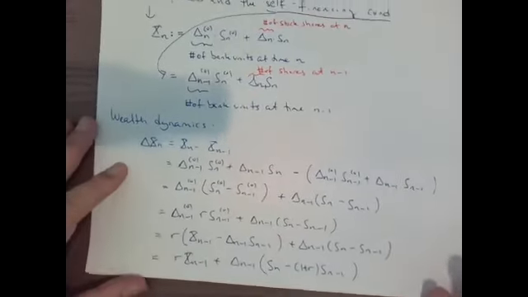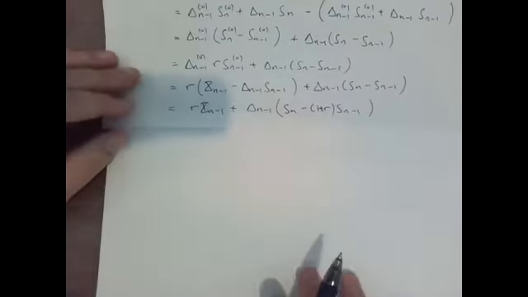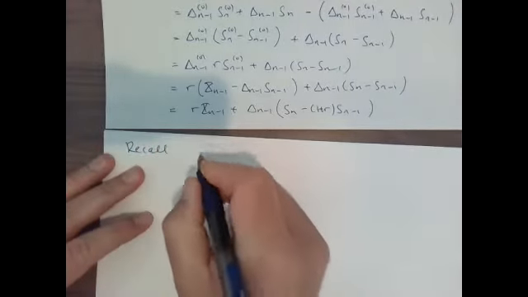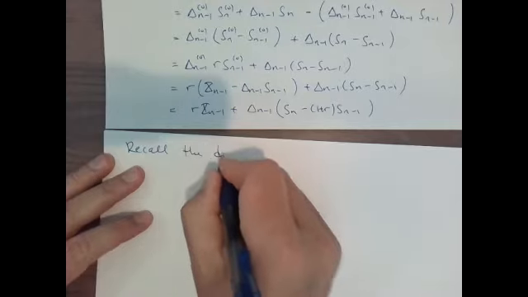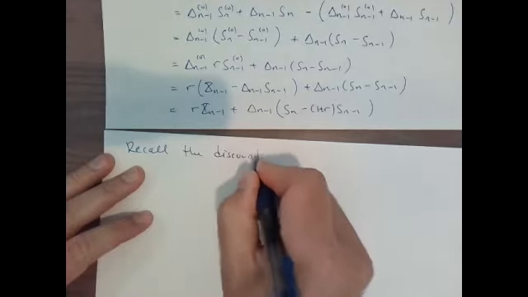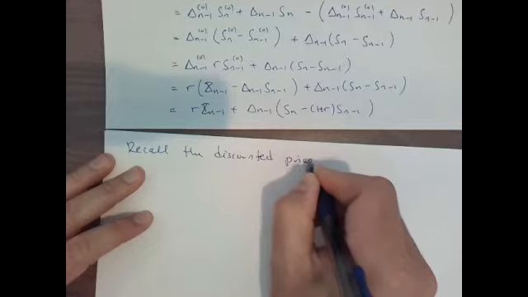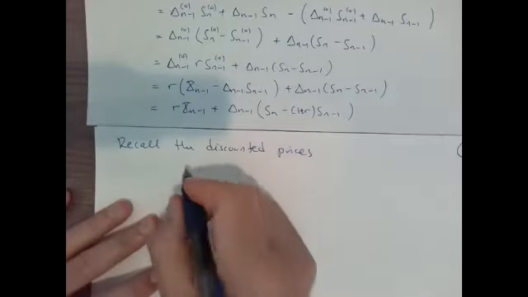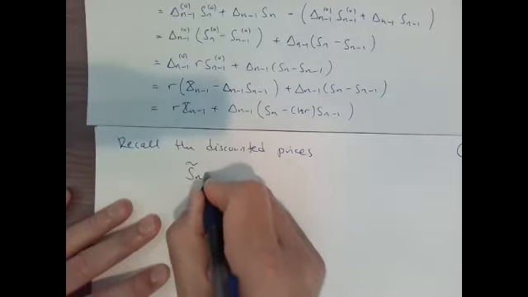Now we're going to look at the discounted wealth dynamics, right? So we recall the discounted prices. That's why we found the martingale property. This is the one we're going to be playing with now. Recall the discounted prices. So we have S tilde n.